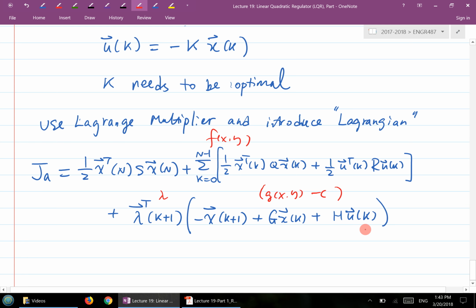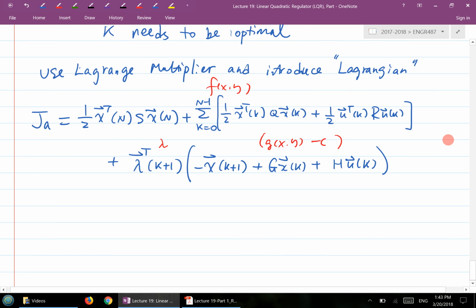Okay, so now the original optimization problem becomes unconstrained, right?